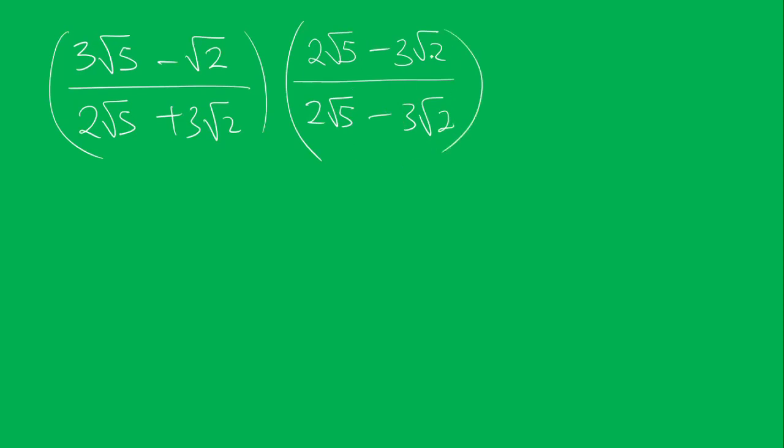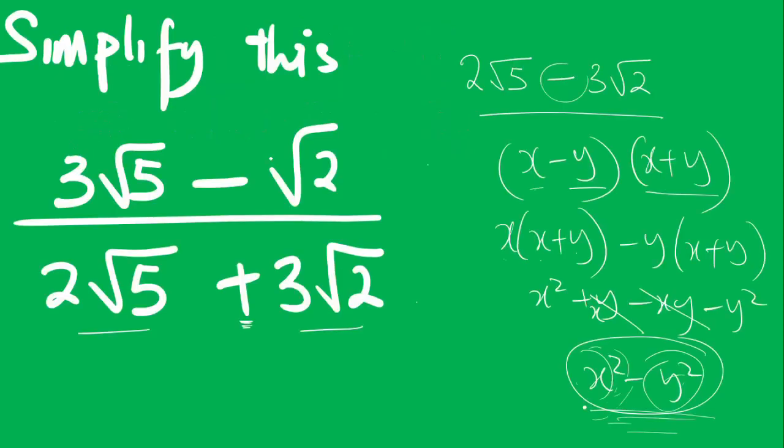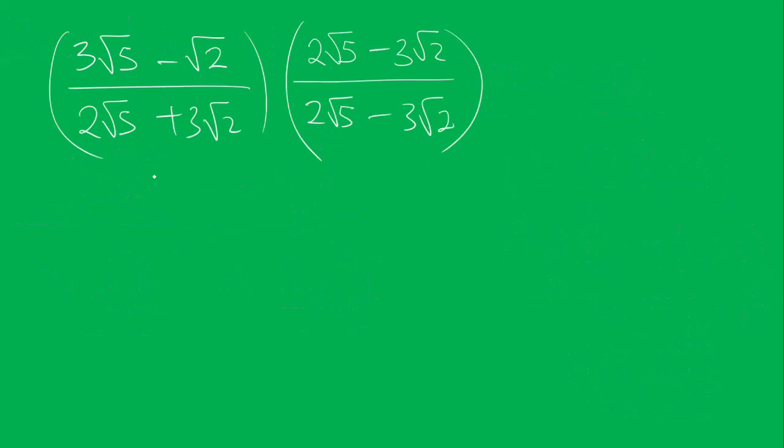This same value divided by this same value is 1, meaning the whole of this is the same as the original expression, just like saying a divided by a is equal to 1.